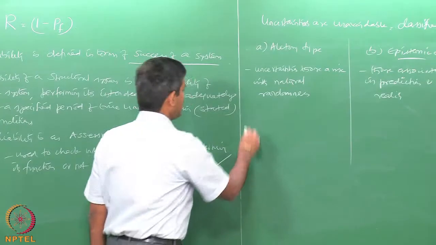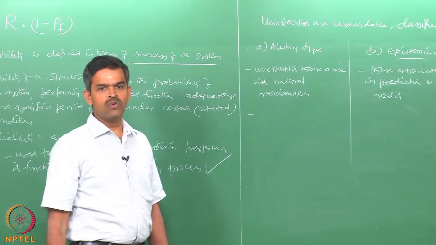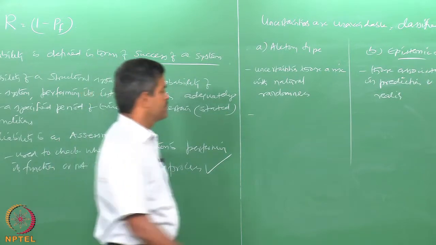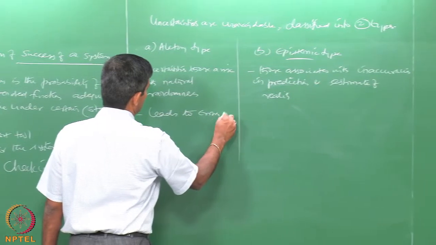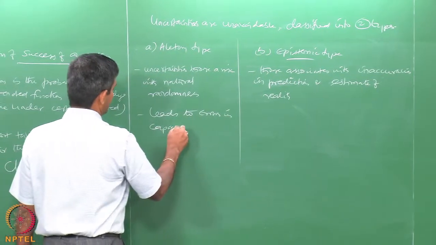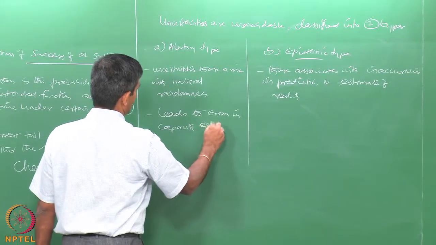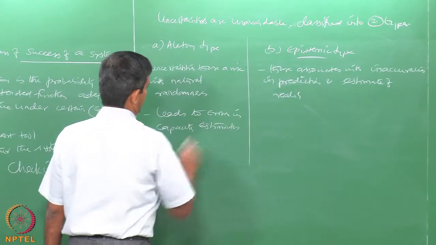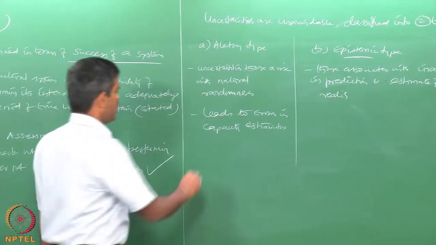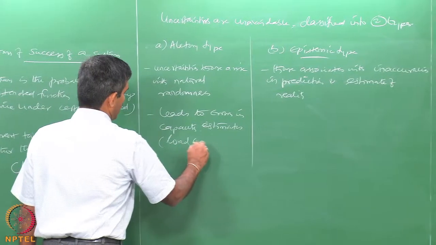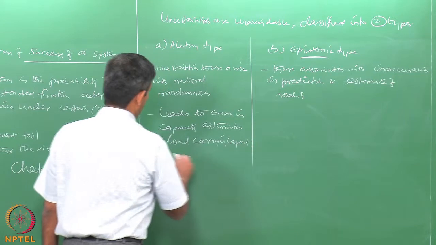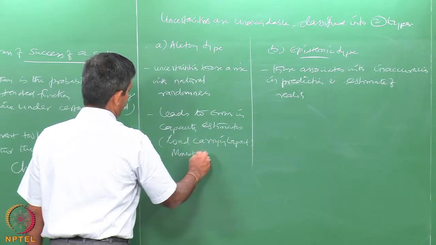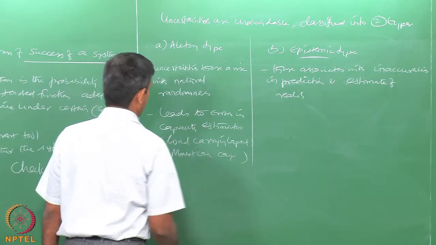Essentially, aleatory type leads to errors in capacity estimates, for example, load carrying capacity, moment carrying capacity, etc.